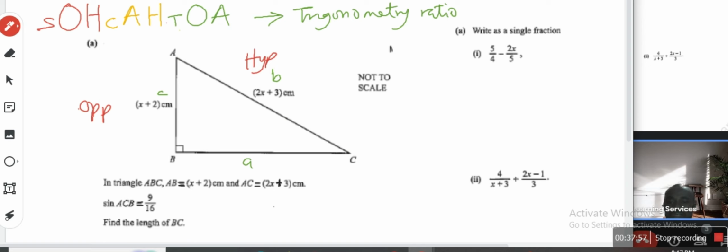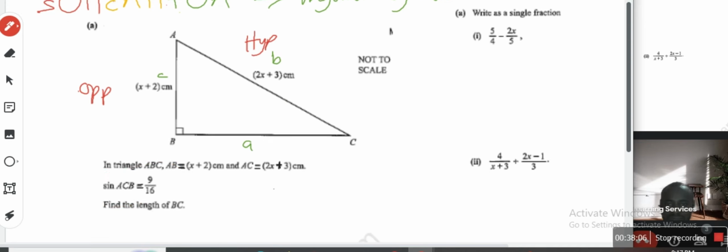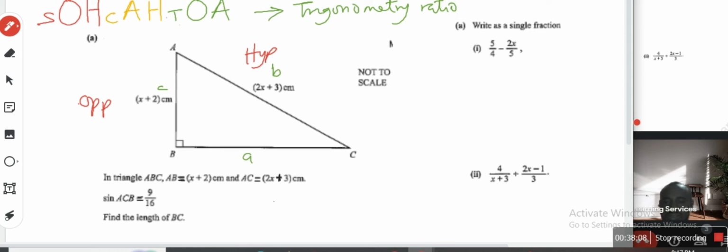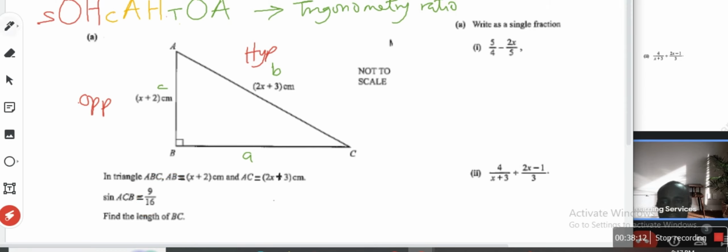We give you sine, 9/16. 9/16 is this sine ACB, and sine ACB is opposite over hypotenuse.